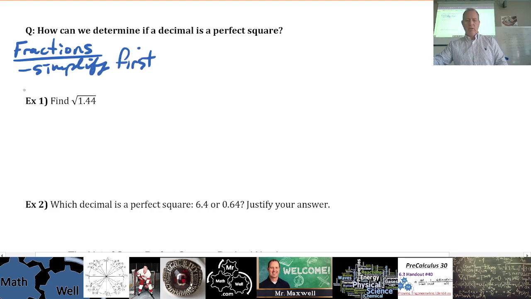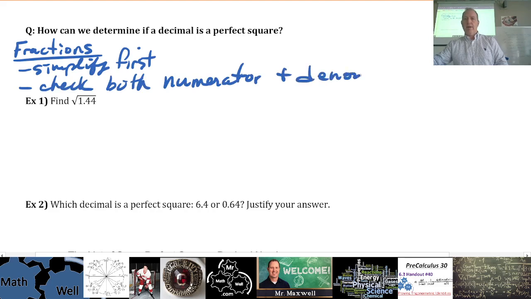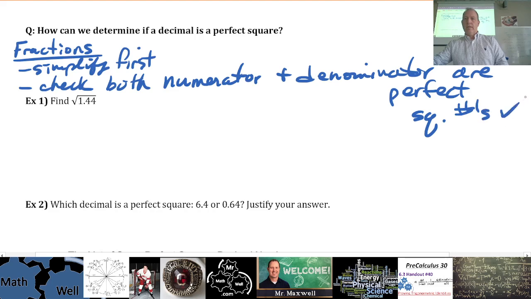Then we want to check to see if both the numerator, that's the number on top, and the denominator, that's the number on the bottom, are perfect square numbers. And if that's true, then yes, it's a perfect square. And if this does not happen, then it's a no.